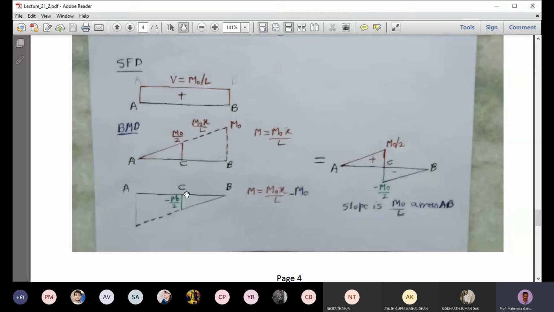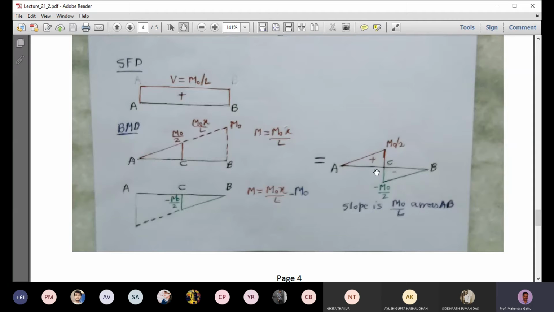And at point C, that is L by 2, m naught by 2 minus m naught, it will be minus m naught by 2. And again this equation is valid between C and B, so we are showing that solid line here. So we can combine these two equations and find the resultant bending moment diagram.